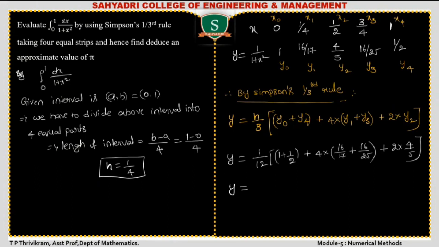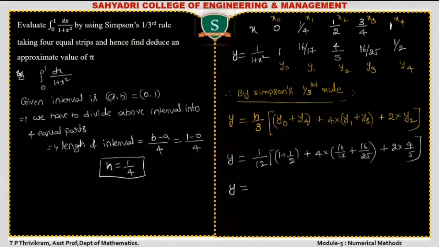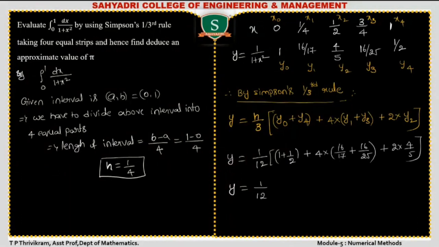So how much you'll get? 1 by 12 into 3 by 2 plus... LCM is how much? Otherwise, do it as it is. Calculate in the calculator and tell me the answer.